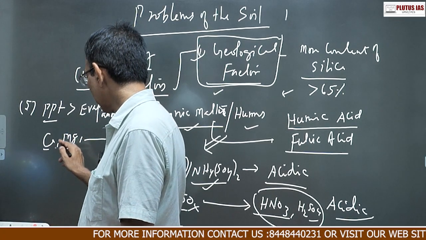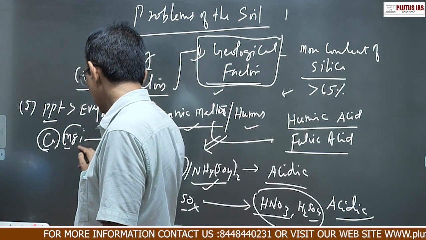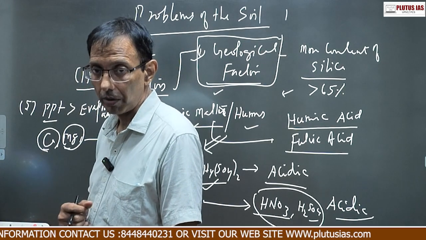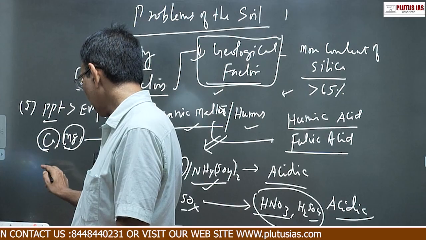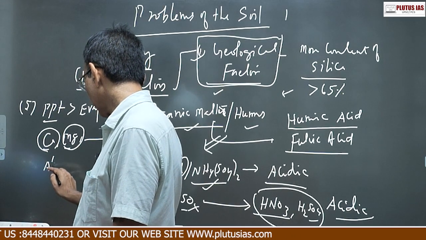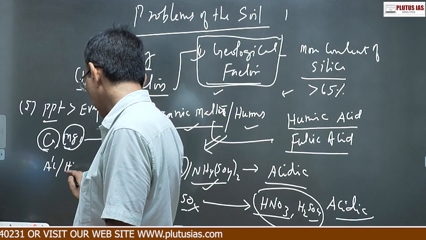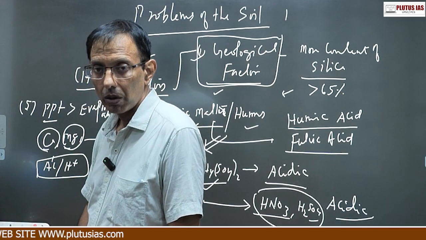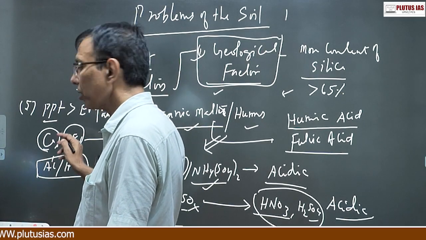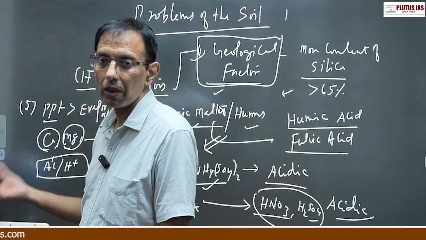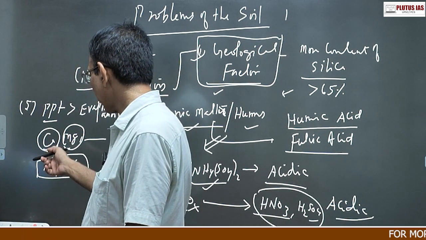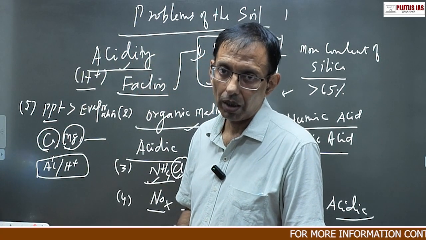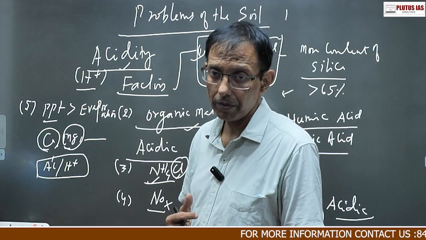Since these elements and their salts are soluble in water, while aluminum and hydrogen based salts are not dissolving. Hence the soil would be left with aluminum, iron and hydrogen containing salts, while calcium and magnesium based salts get dissolved.